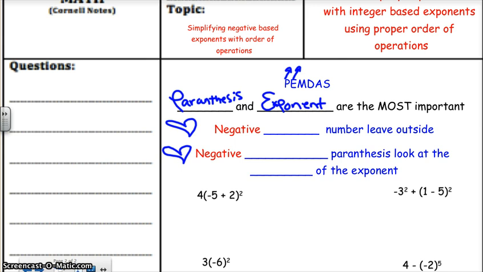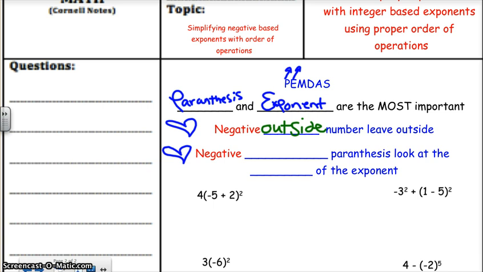If the negative is outside the number, you just figure it out and leave the negative on the outside. Let me use a different color. I'm erasing, I'm not liking red right next to red. I'm into green. If it's outside the number, keep it outside.